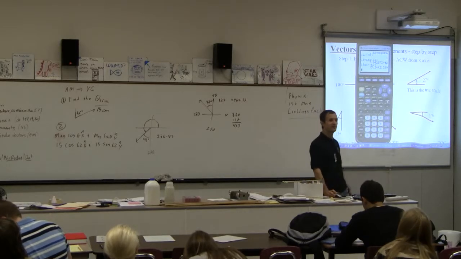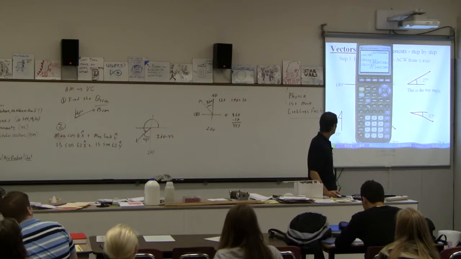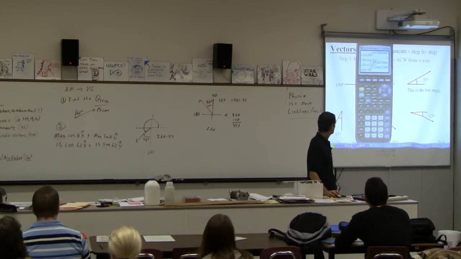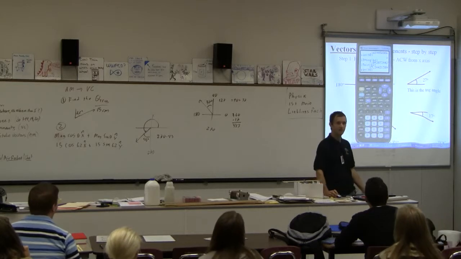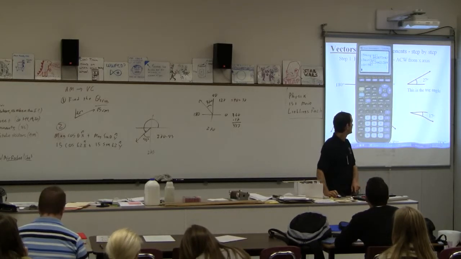Here's how to test if you're in radians or not. Find the sine of 90 degrees. What is the sine of straight up? Where does the unit circle intersect the y-axis? At 1. There we go. Let's just try it.